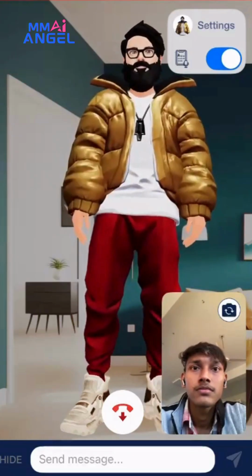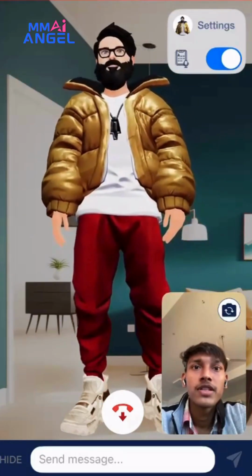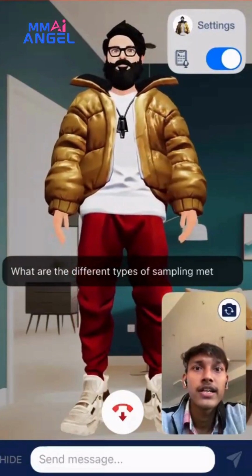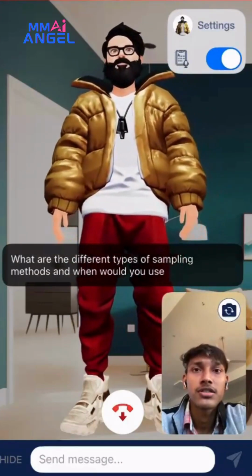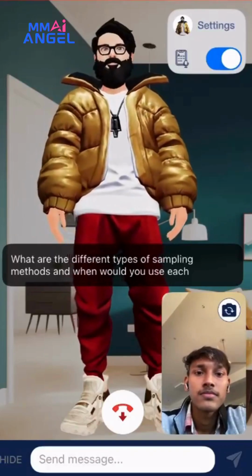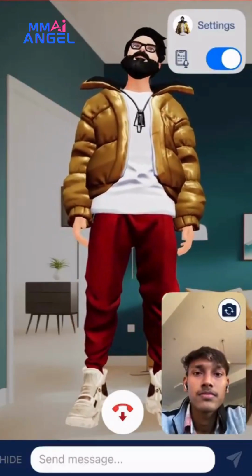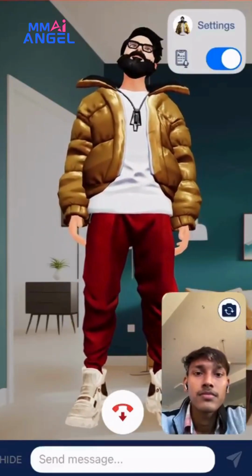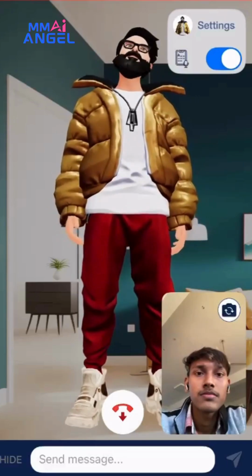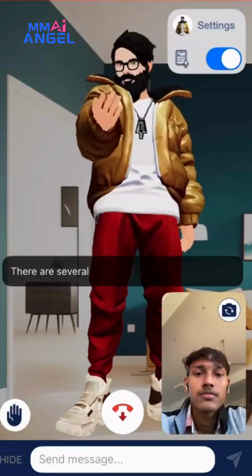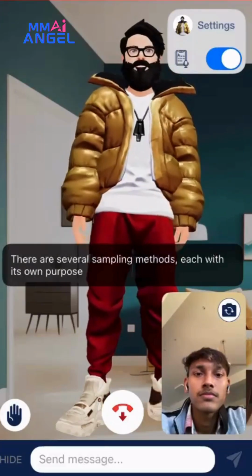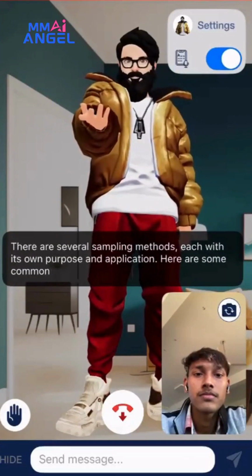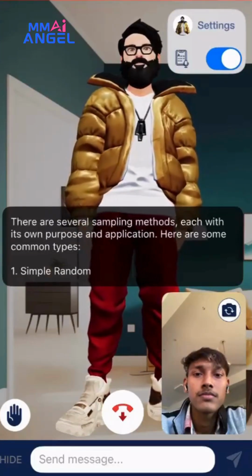Let me know. What are the different types of sampling methods and when would you use each? There are several sampling methods, each with its own purpose and application. Here are some common types. 1. Simple random sampling.